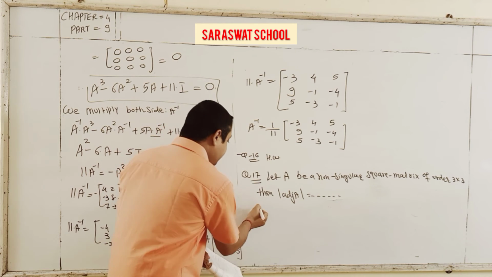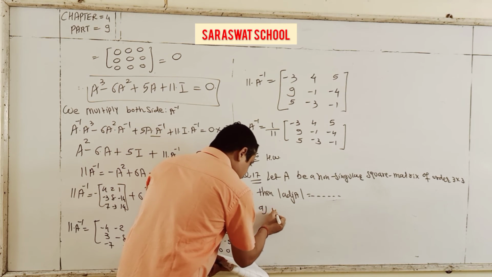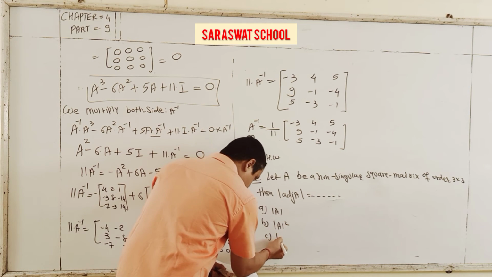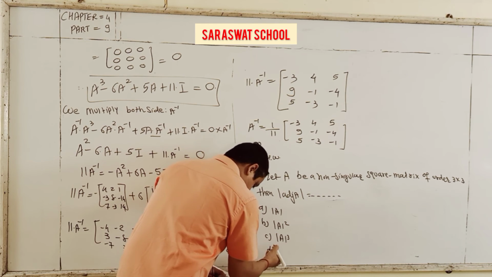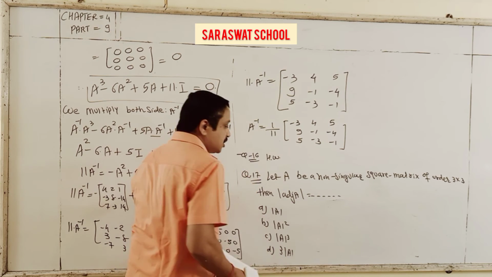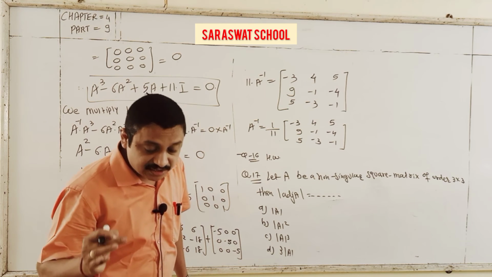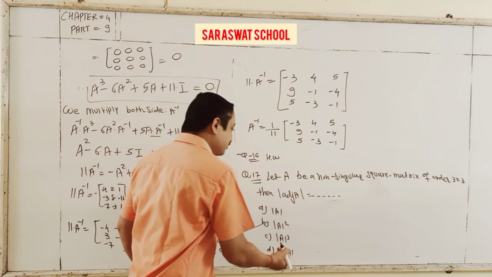Options are printed. You have to determine: A square, A cube, and 3 of determinant A. So does adjoint of A define and the determinant? Answer must be yes, this one.